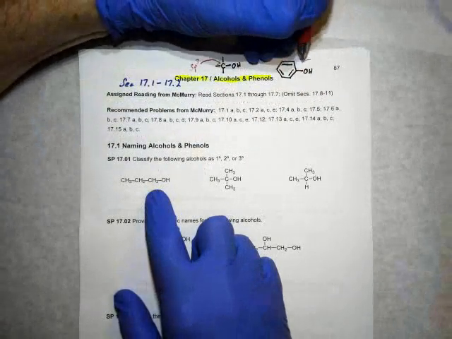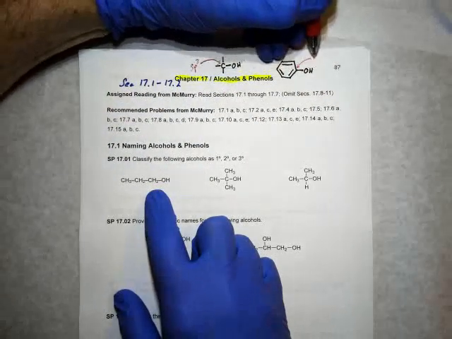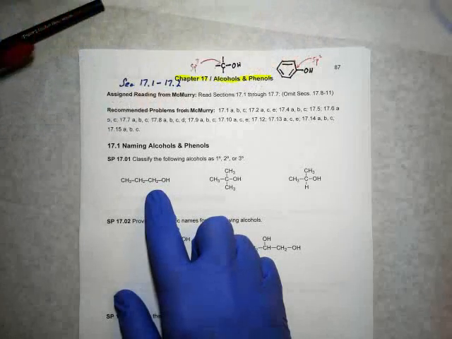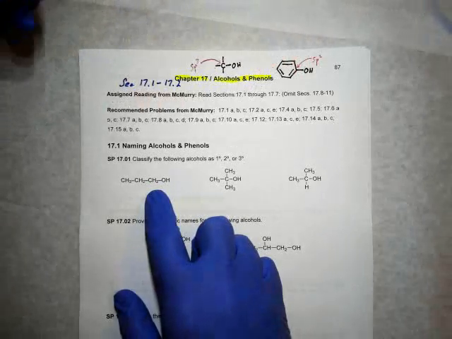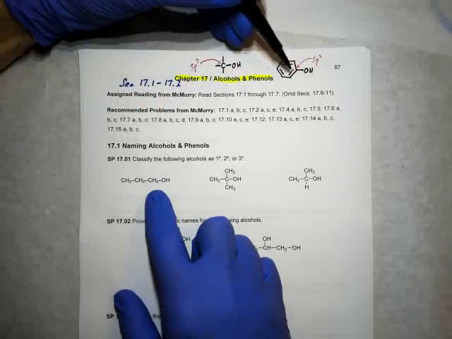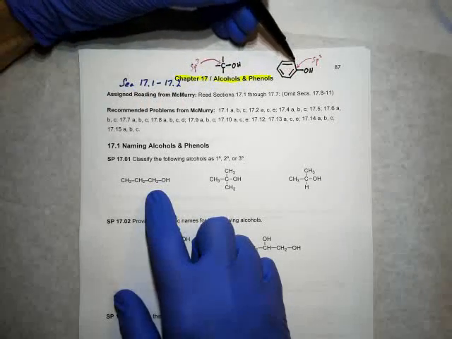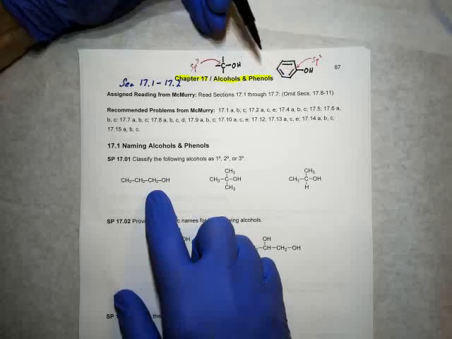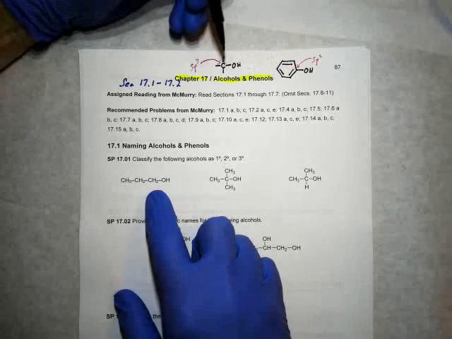And the carbon, of course, that bears the OH is sp2. Okay? And so if you've got this portion of the molecule, even if you have different R groups and halogens all over, it would be considered a phenol. Okay?